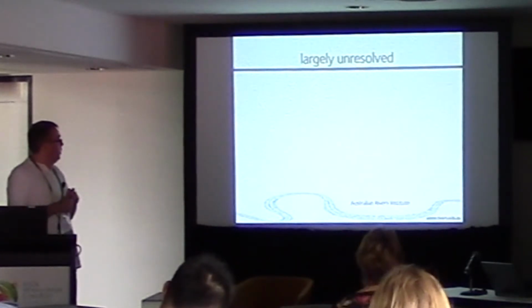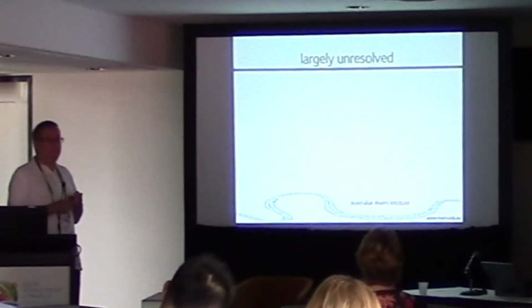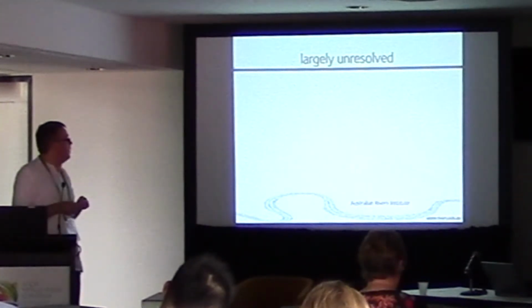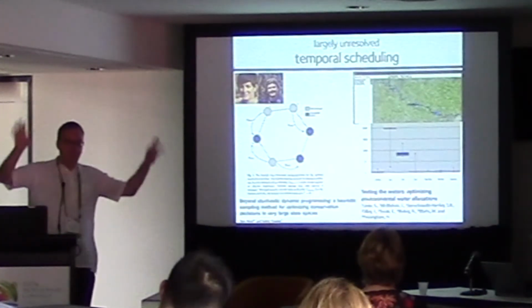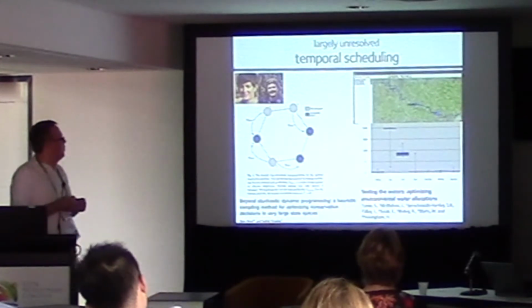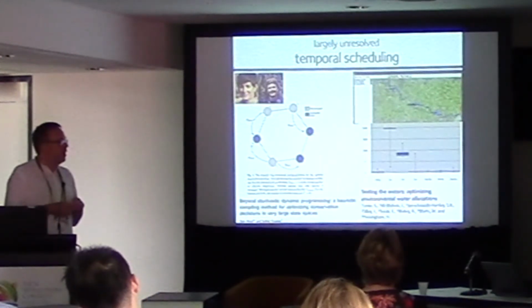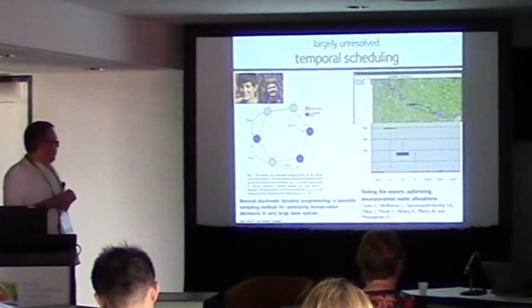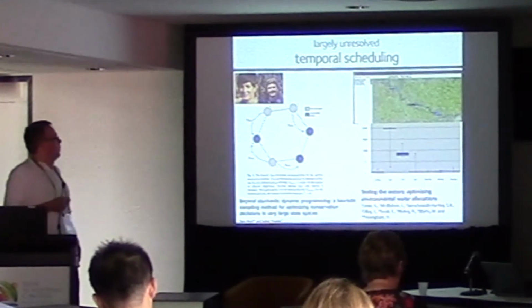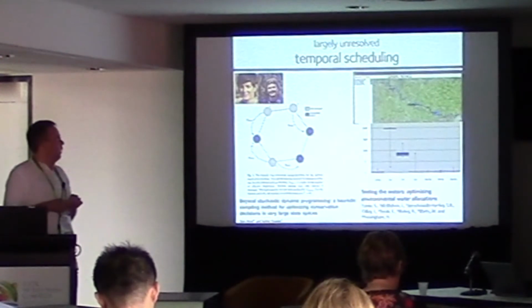And now I might close with two things that I think also need to be discussed, things that are largely unresolved. One of them, and that's really a real ouch thing, is temporal scheduling. When do you do what? I've had a PhD student, Sam Nicol, who did some temporal scheduling and had these grand plans.